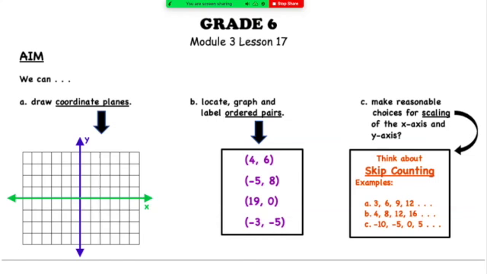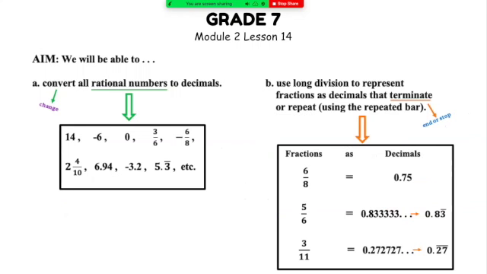Think about skip counting. Here's a sample for grade 7, module 2, lesson 14. Aim: we will be able to convert all rational numbers to decimals. So I'm already explaining to students that convert means I'm going to change. Rational numbers, I'm providing them again with what rational numbers look like.